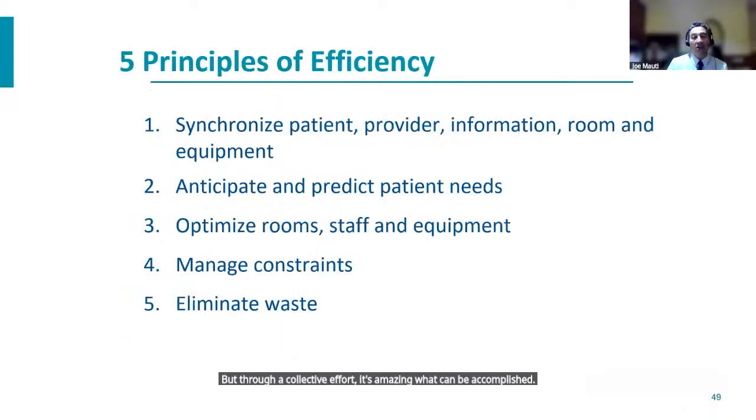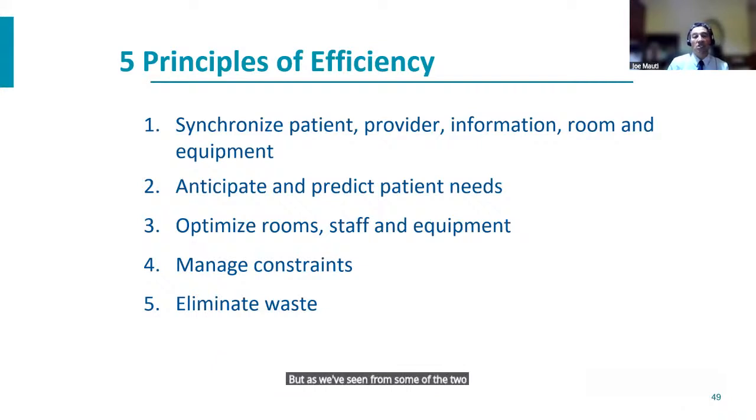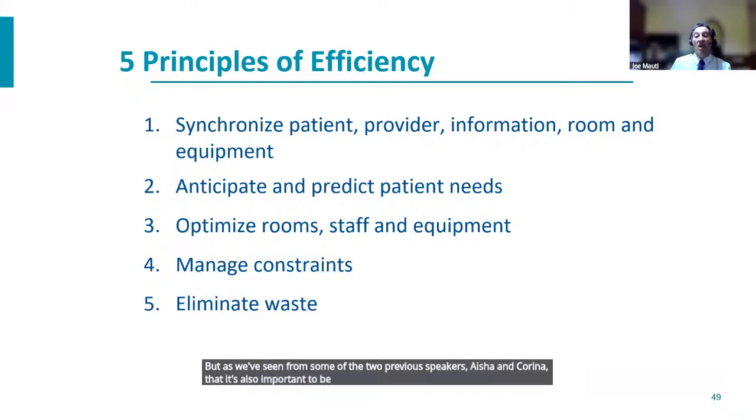At that, there are also 5 principles of efficiency. So, not only is it important to reduce the amount of time people wait to come into your office, but as we've seen from the 2 previous speakers, Aisha and Karina, it's also important to be efficient once they arrive. And you'll get these slides that cover some of the issues that they've already presented. So with that, Julia, I'll stop.